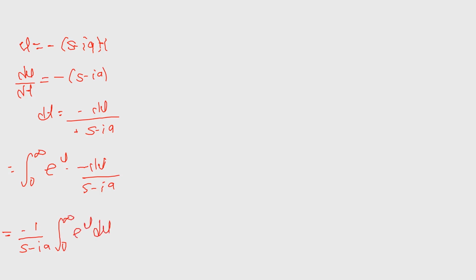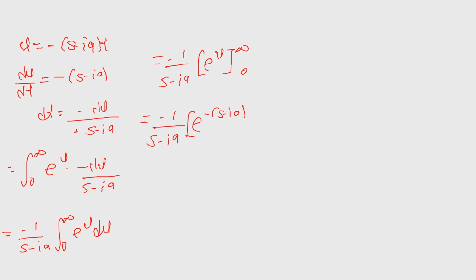So at this point you can integrate, so you have minus 1 over s minus ia, then if we integrate e raised to the power of u, you are also going to have the same thing. So you put your boundary infinity to 0, so you have minus 1 over s minus ia. So now what is your u? You discover that your u is minus (s minus ia) t. Okay, good.